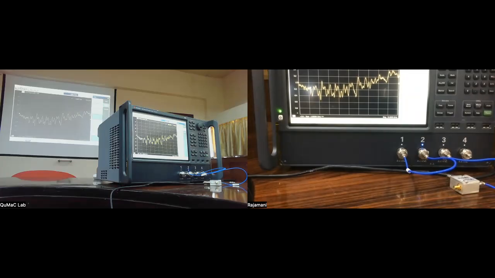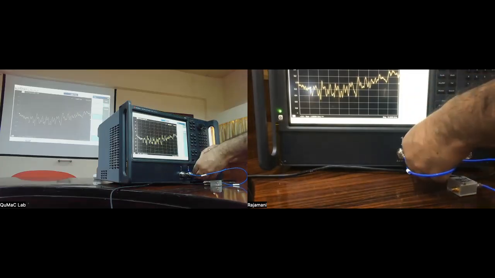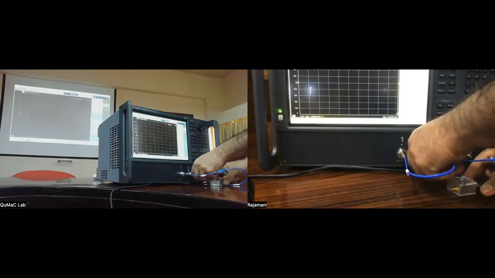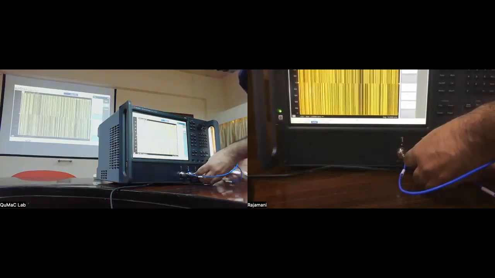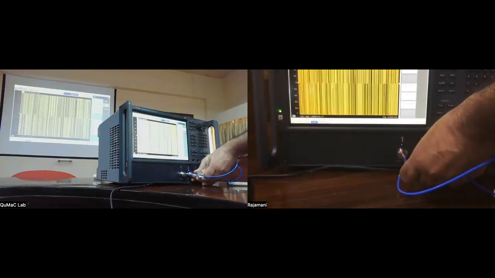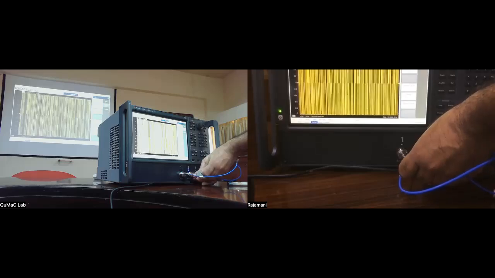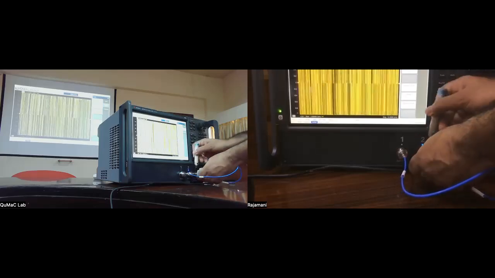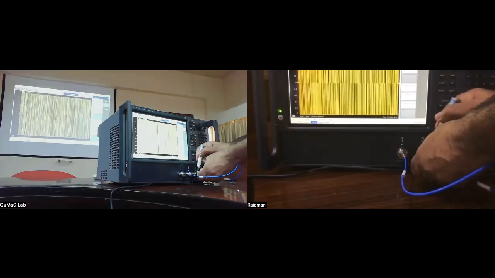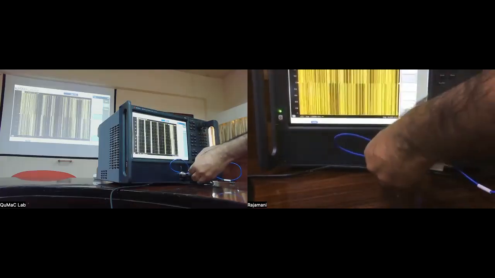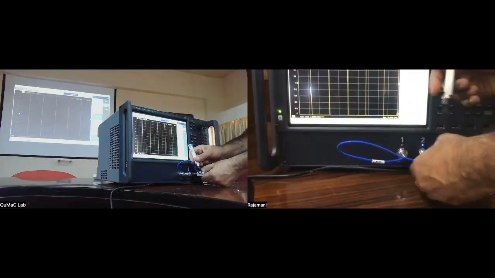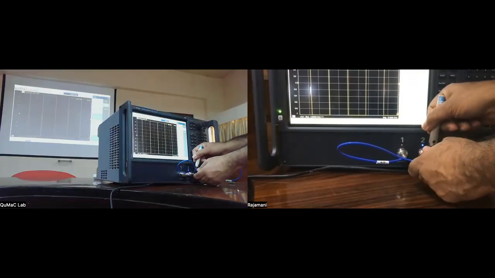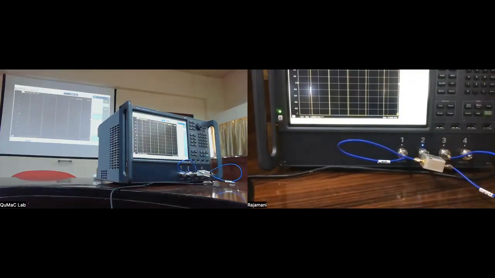Okay, so now let's put back the splitter. Go back to auto scale.